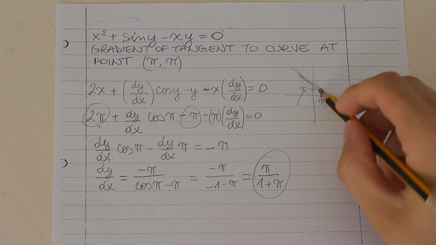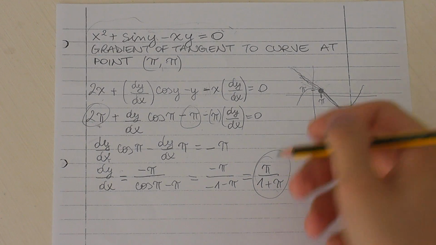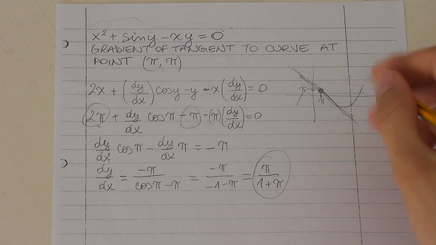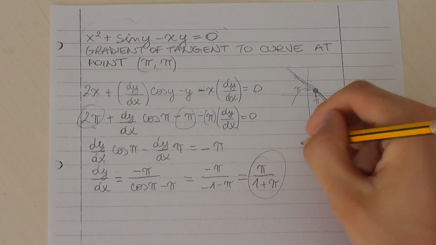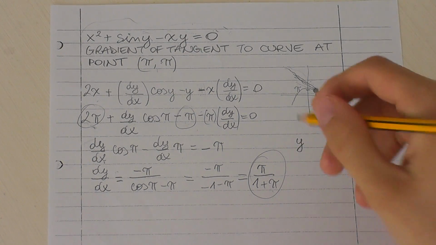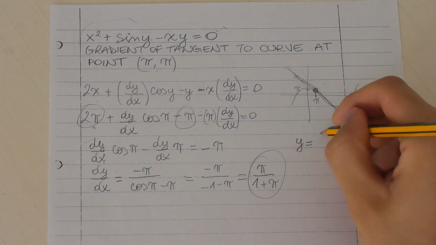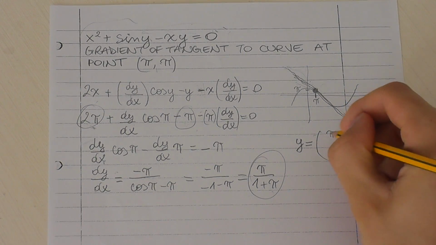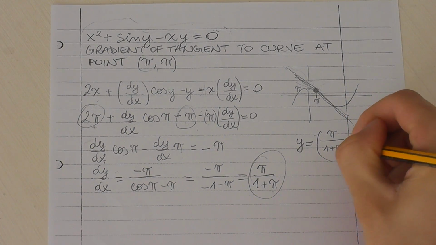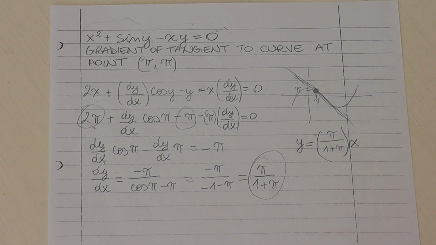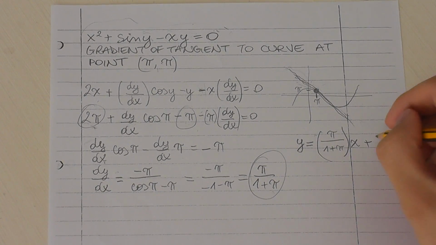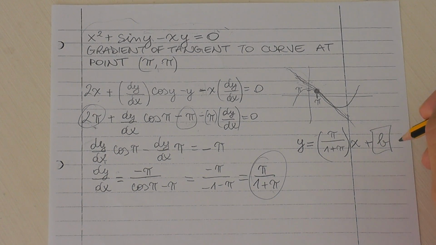at this particular point. And then if you were to take this further and ask yourself, okay, what is the tangent? Then you would know that the equation of the tangent is y is equal to our gradient, pi over 1 plus pi, times x plus some constant b.